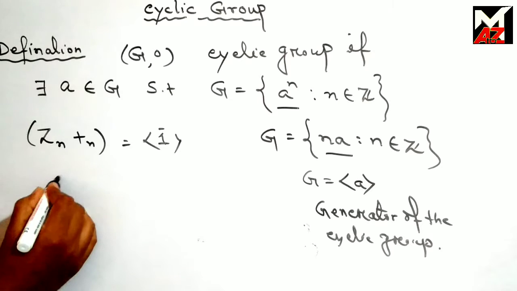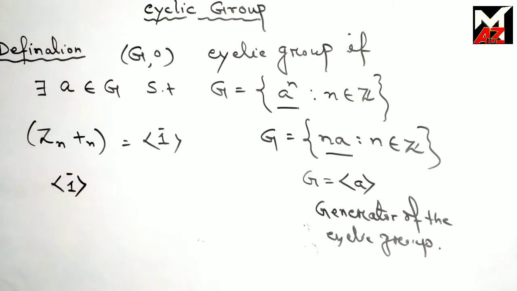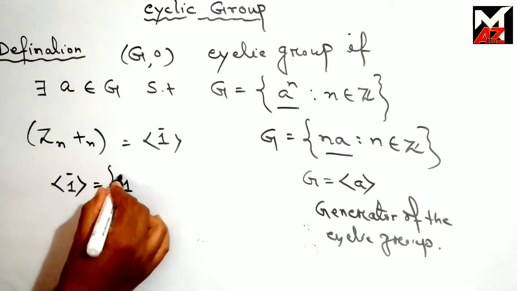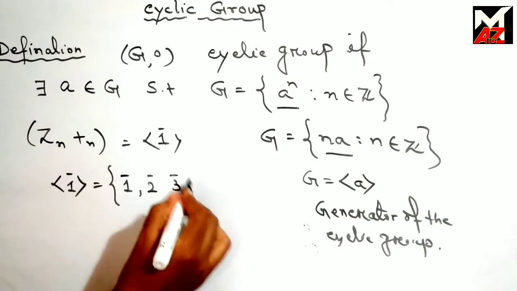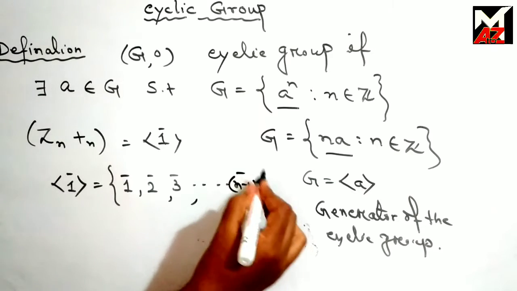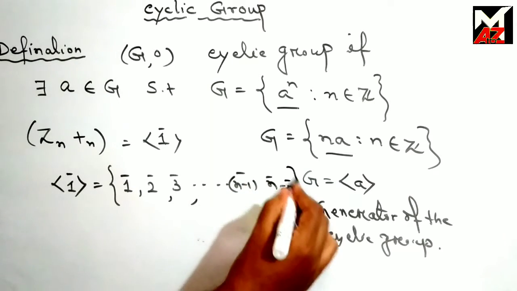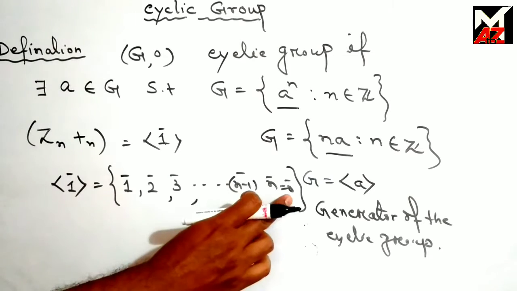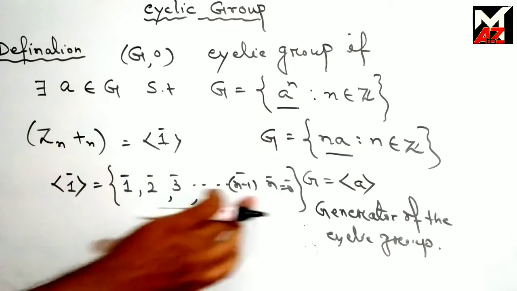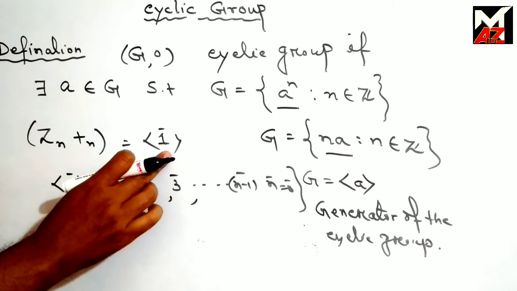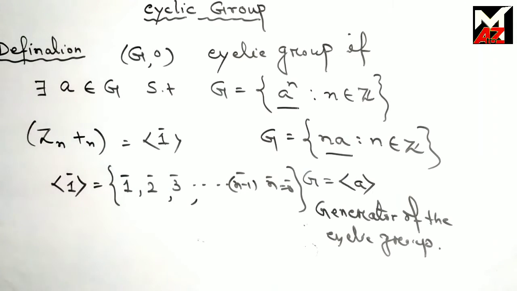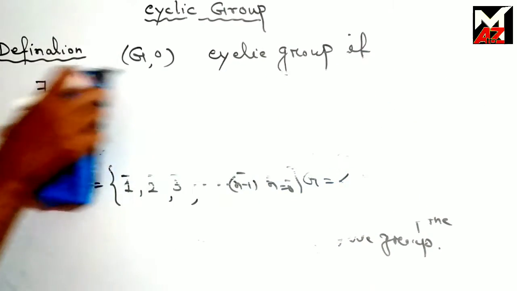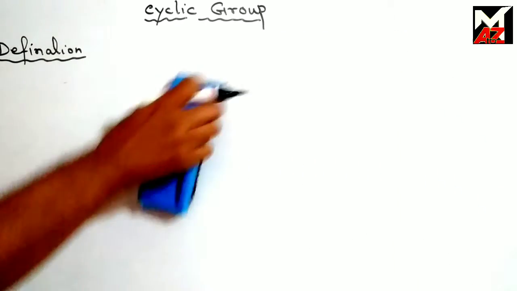If we generate 1, then the first element is 1, second is 2, third is 3, up to n minus 1, and then n, that is 0, and here this is the last element. So we get all the elements of Zn by generating 1, and this is also a cyclic group, right? So this is the definition, and these are the important examples of cyclic group.